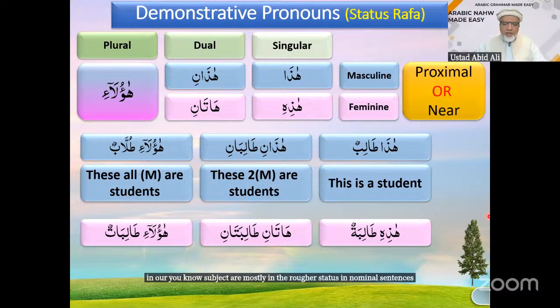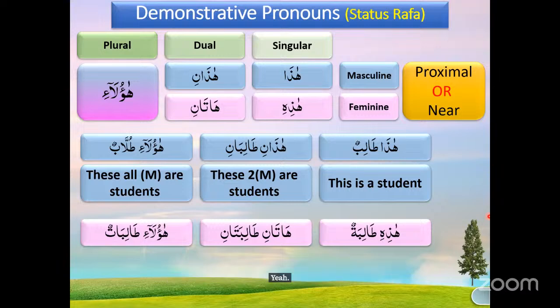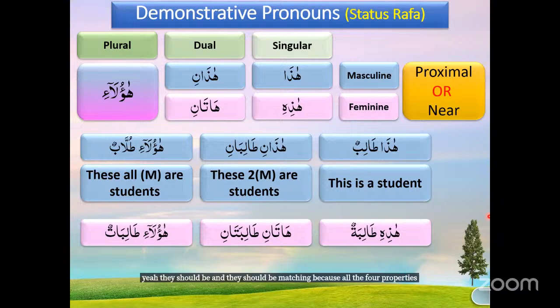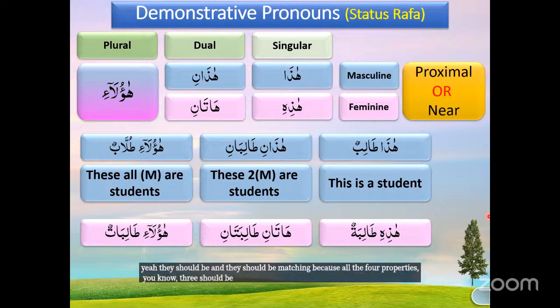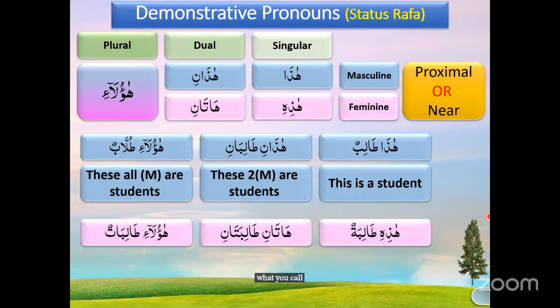They should be matching in all four properties, like their numbers and their statuses, except that nakira and marifa can be changed, right?